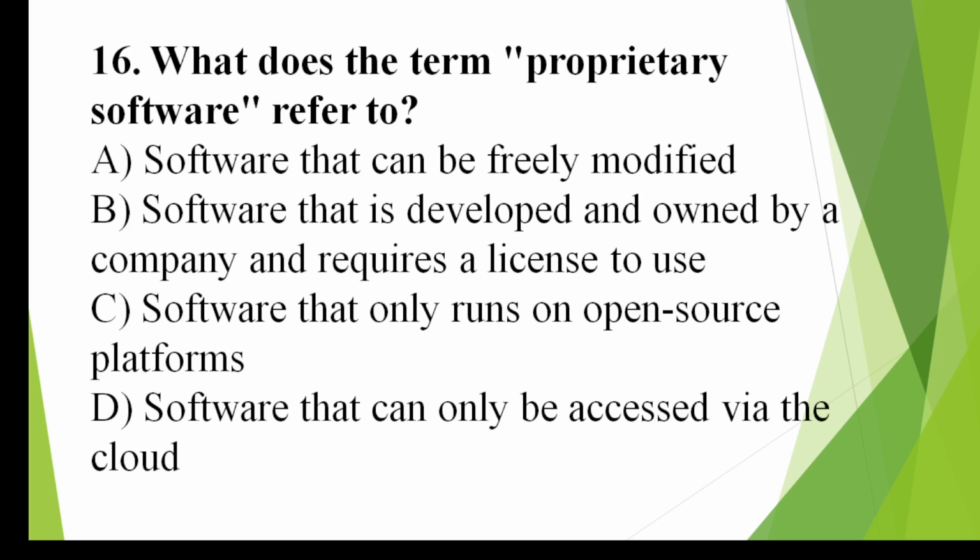Let's move to question number 16. What does the term proprietary software refer to? A. Software that can be freely modified. B. Software that is developed and owned by a company and requires a license to use. C. Software that only runs on open source platforms. D. Software that can only be accessible via the cloud.